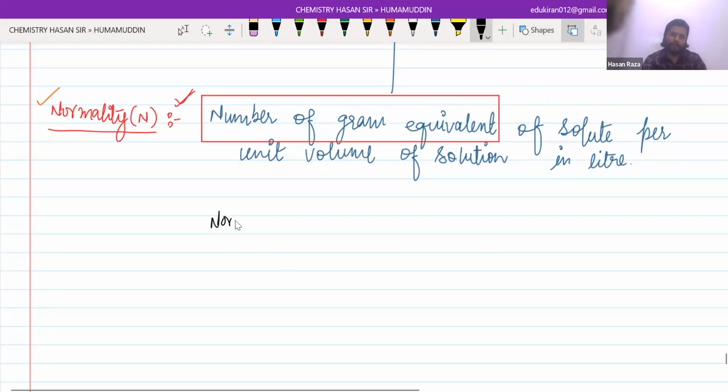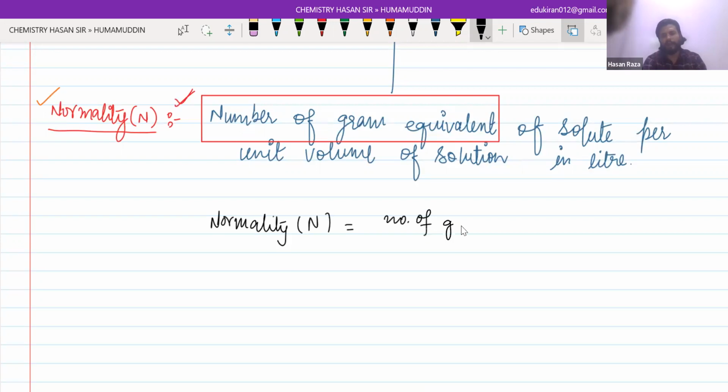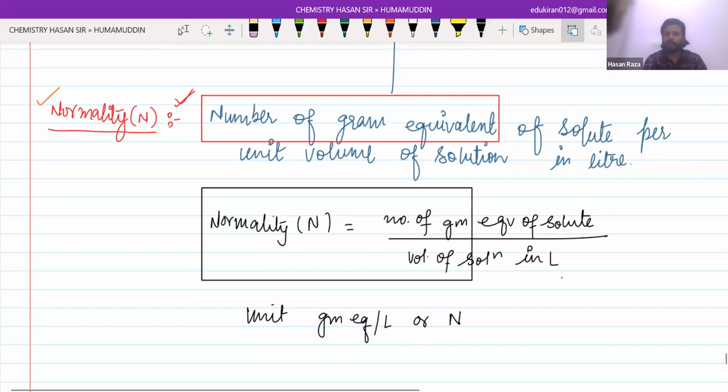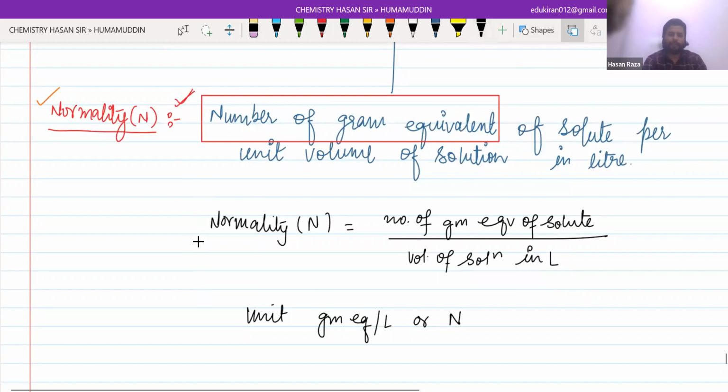So normality N is equal to number of gram equivalent of solute upon volume of solution in liter. The unit of normality will be gram equivalent per liter, or we can directly write N. This is the basic formula of normality, which is very easy. Please do write it first.